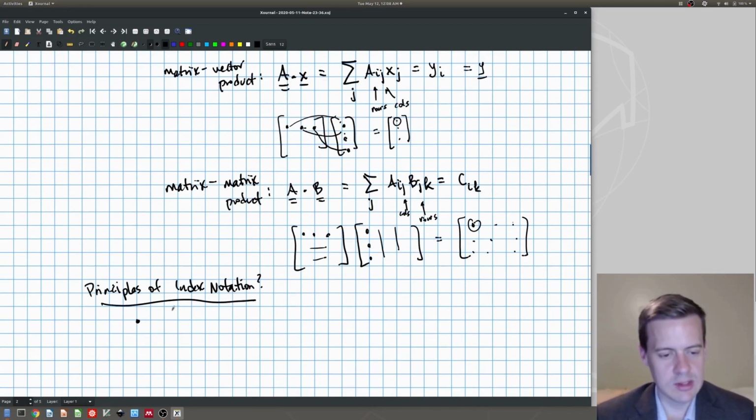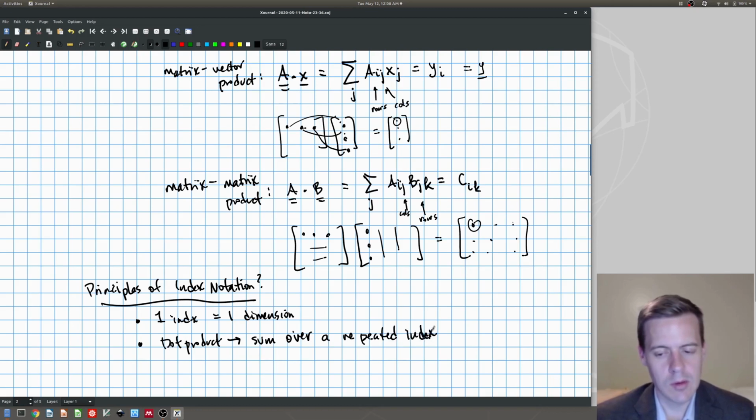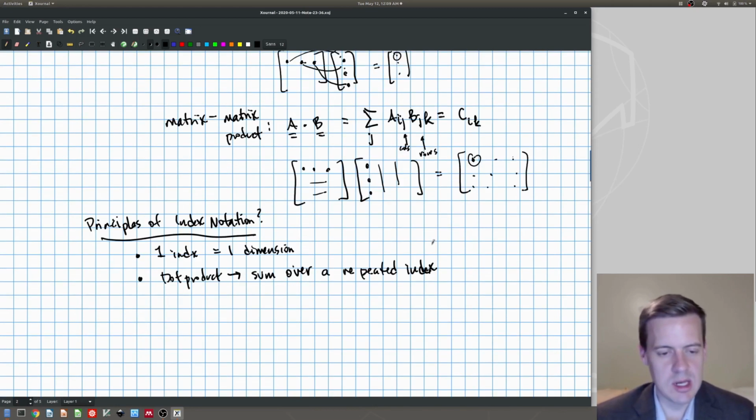One index, one dimension. When we do a dot product, that's going to give us a sum over a repeated index. Notice here I have a repeated index. The sum is over that repeated index, and the repeated index disappears.